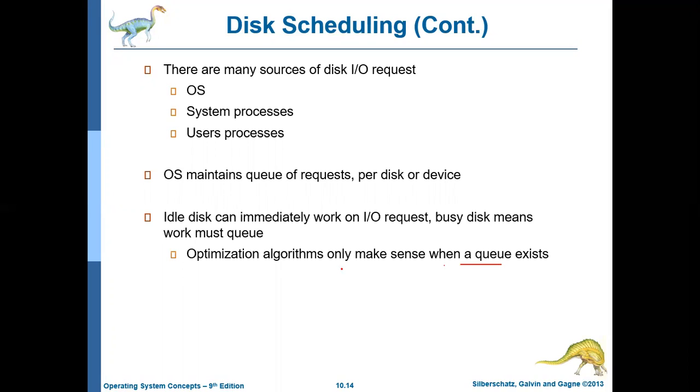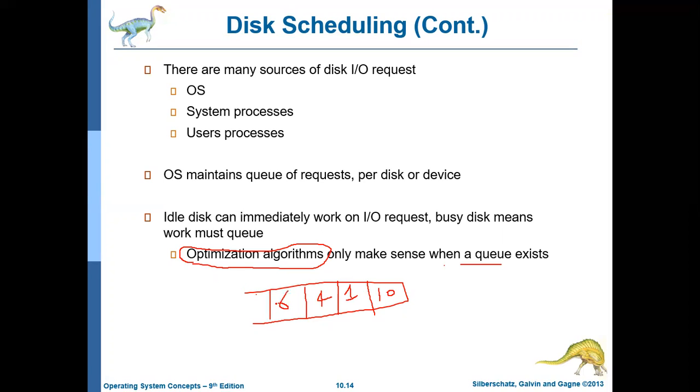For that we have several optimization algorithms available, called disk scheduling algorithms, which decide the order in which the requests will be taken. For example, currently the drive is busy, and there are requests from some processes. One process wants to access cylinder 10, another wants cylinder 1, another cylinder 4, another cylinder 6.